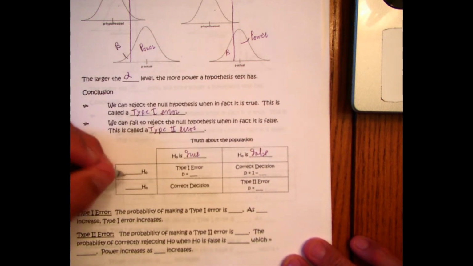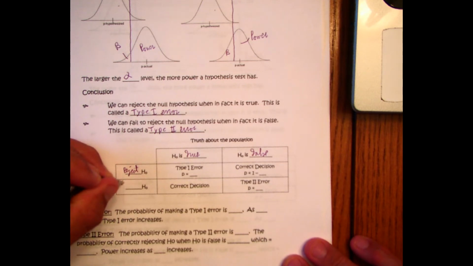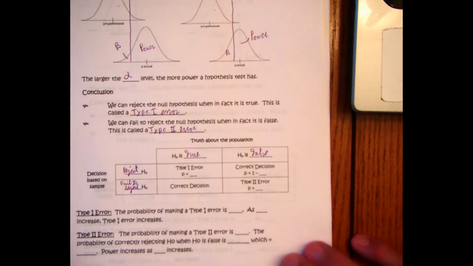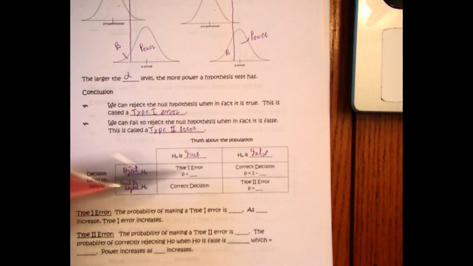And we reject H0. And here we fail to reject. Okay. So if we reject H0 when H0 is true, then we committed a type 1 error.